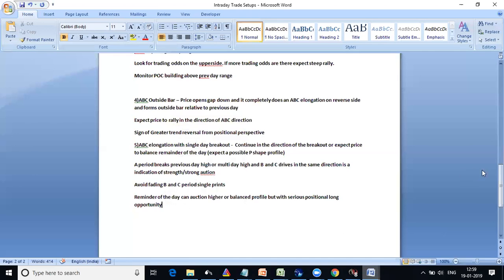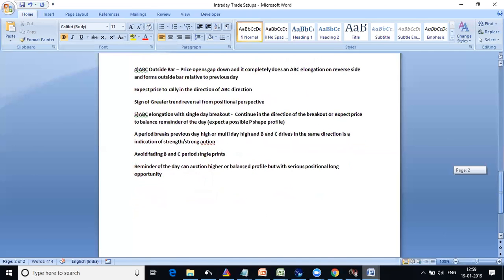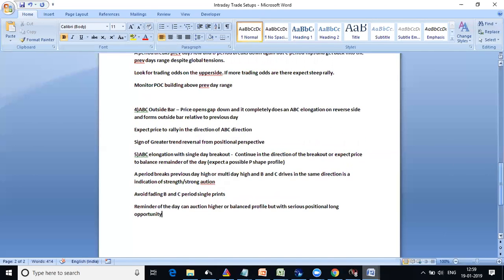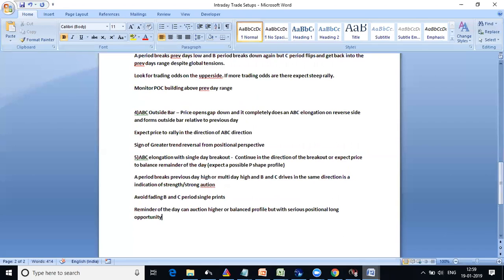Right? Any questions here up to this? Rajendra? Yeah. I think I missed actually ABC inside elongation. Anything we missed? ABC elongation inside range.